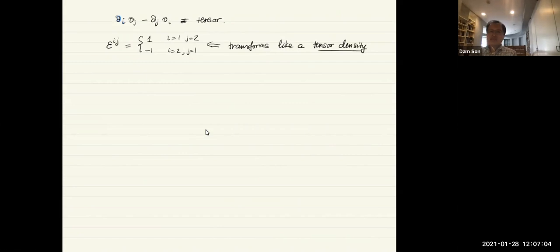So if you take this tensor that has components 1 and -1, and transform it to another system of coordinates, it is still 1 and -1. If you declare that the transformation law looks like the relevant transformation law for a tensor density, that is, it has dx_i'/dx_j factors, and then there is the relevant Jacobian.